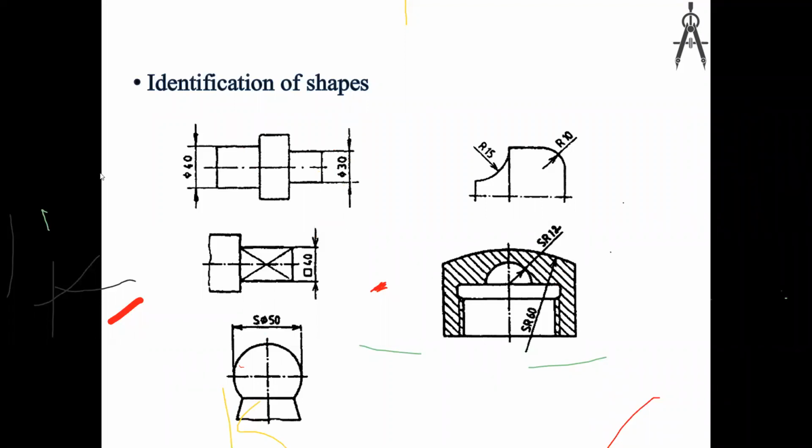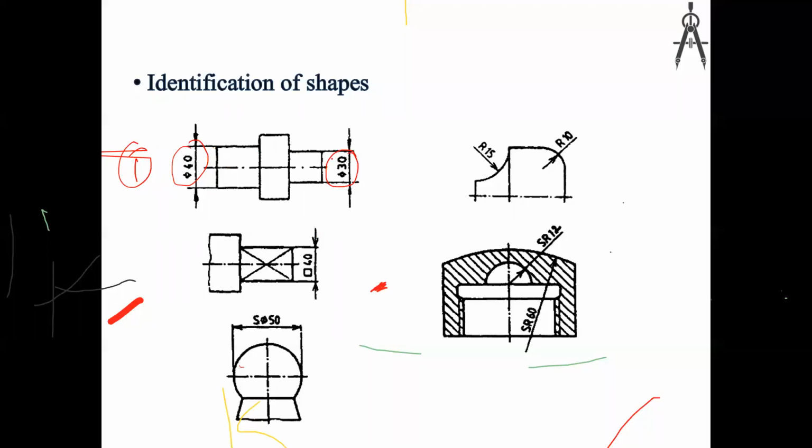First of all, we will discuss this one. If we see this one, you can see pi 40 and pi 30 given. So this is not a line, that is a circular cross section. A circular shaft, right?